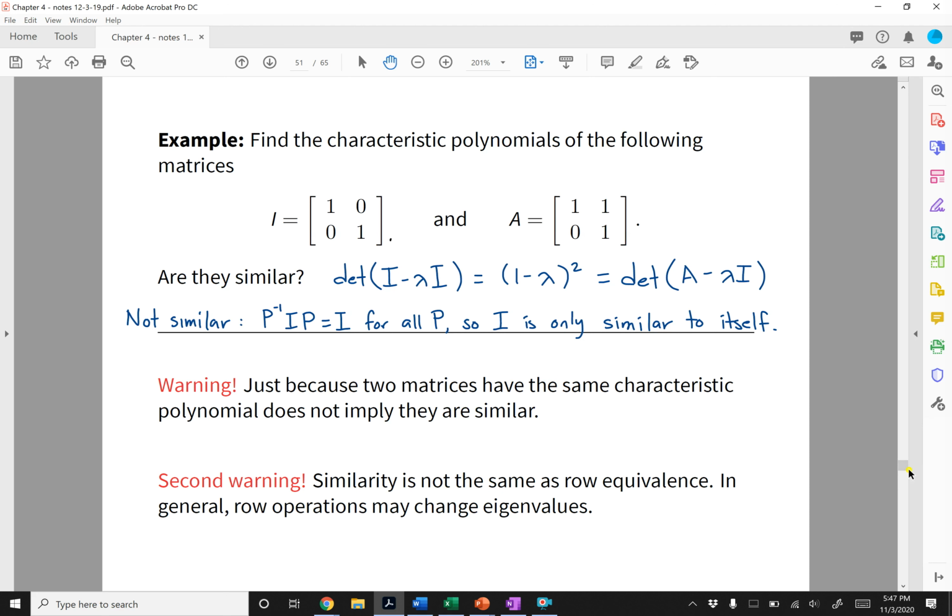You guys already know how to find the characteristic polynomial. This just shows that you get the same characteristic polynomial, so A is similar to itself. Oops, did I skip something?